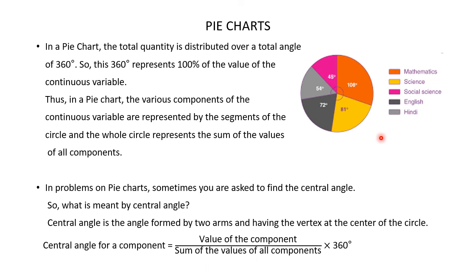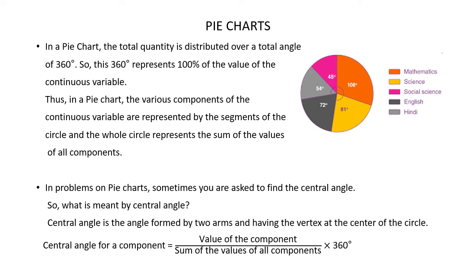Now look at this pie chart. Here, the various components of the variable are represented by the segments of the circle. Now, the total quantity here is distributed over a total angle of 360 degrees.